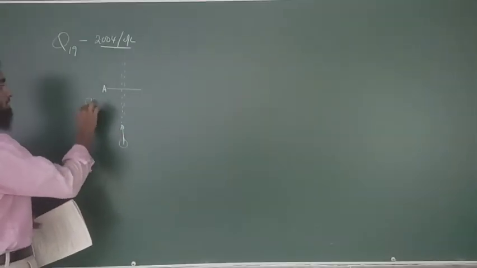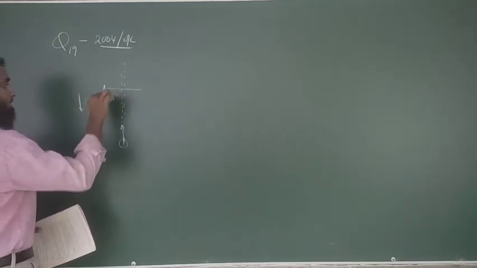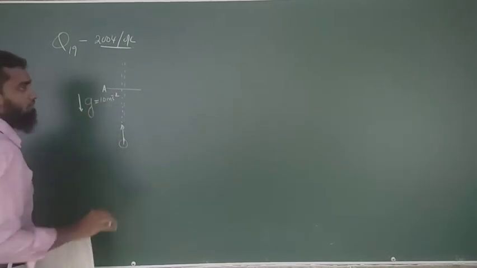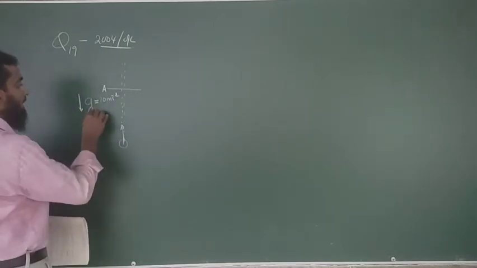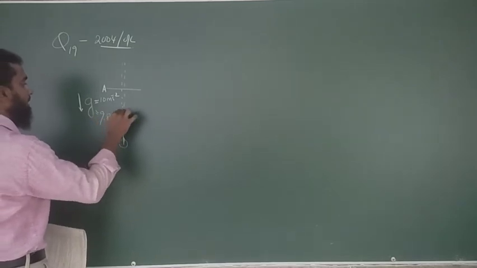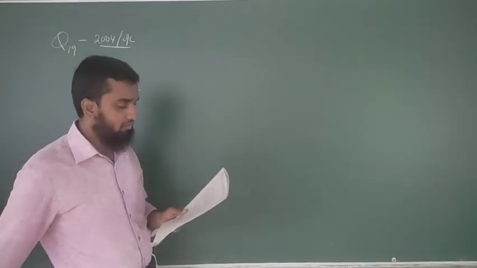Yes, it always acts downwards with the value of g, numerically 10 meters second minus 2, right? This is a rounded value. The actual value is 9.81 meter second minus 2 on the surface of Earth, right?